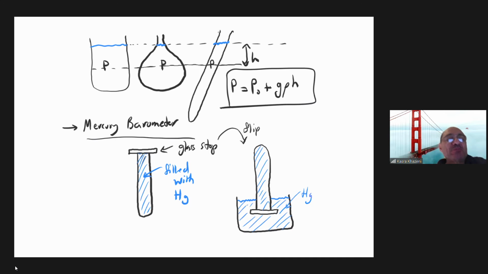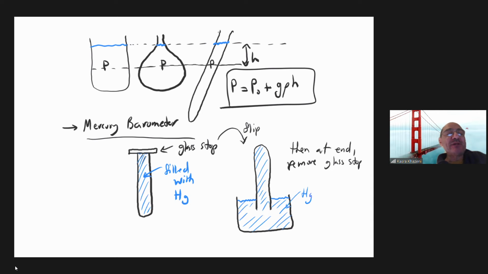Then you're going to remove the glass stop. You remove the glass top. There. I just removed it magically.